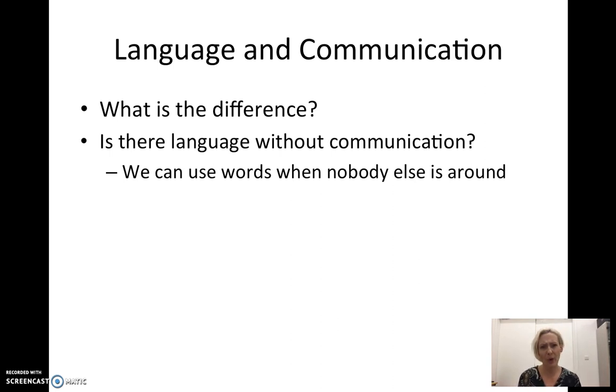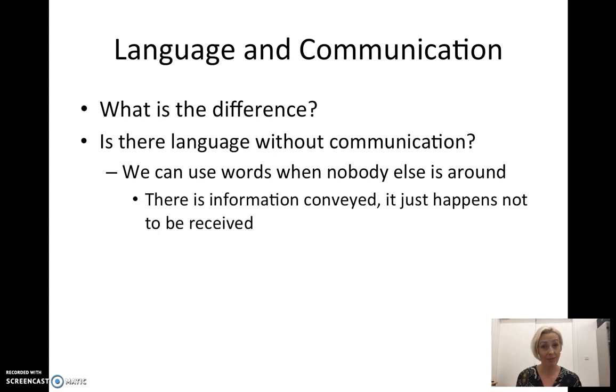And we can call our computer stupid. And you could say, well, the computer doesn't really understand, so we're not sharing any meaning. But really, if you think about it, there is always information conveyed. There is a meaning. There is nobody around, but if someone could hear us, they would understand.